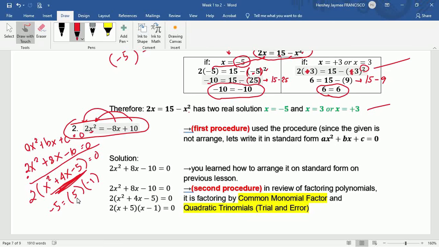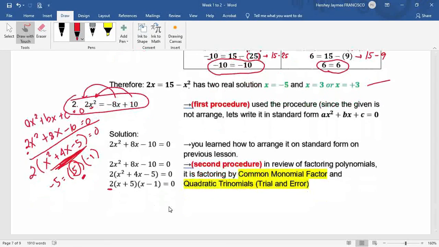When I add, 5 plus negative 1, because they have different signs, this is negative, this is positive, you subtract. So, 5 minus 1, you have 4, and it takes the sign of the number with the higher value. 5 is the higher value and it is positive, so it becomes 4x. So, what is your factor? You still copy the common monomial. Your factor is x plus 5 and x minus 1. So, we are now at the second procedure.